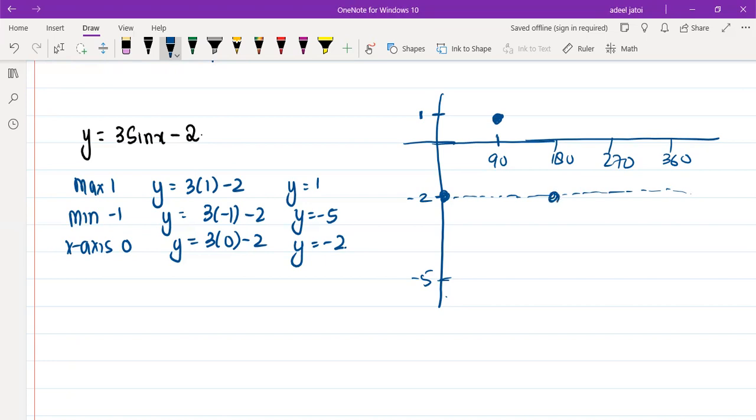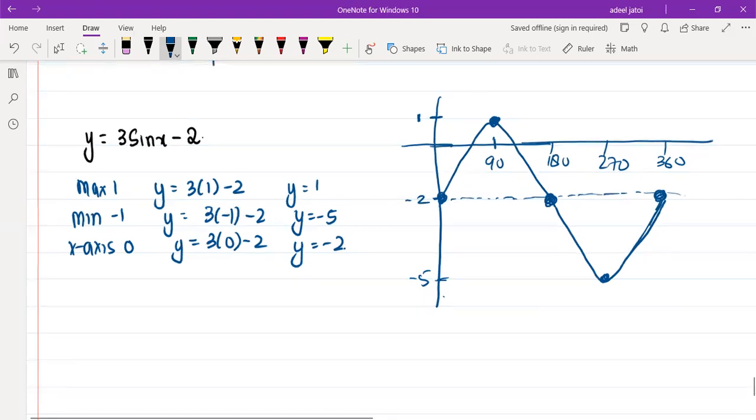Now 180 will be here. On 270, we used to have minus 1. Minus 1 has been shifted, and on 360 we have minus 2 now. So the graph has entirely shifted downward because of the y shift of negative 2. Have I made myself very clear?